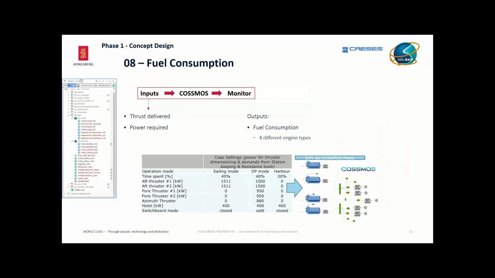And this chosen proposal then goes to Cosmos, which is an external fuel estimation tool provided by DNV GL, and with a simplified operational profile of 40% sailing, 40% DP, and 20% harbor, it gives a fuel consumption for some engine combinations. In our case, we had 4 engine combinations for this vessel.